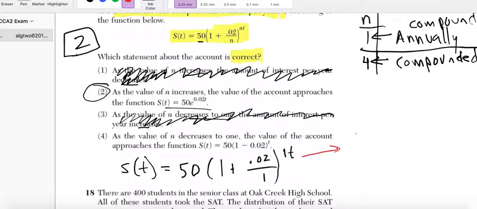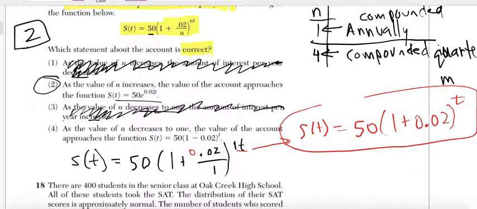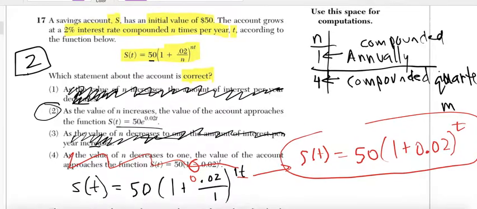So this becomes S of t equals 50 times 1 plus, again, 0.02 over 1 is just 0.02, and then 1 times t is just t. So it should approach 1 plus 0.02 over t, not 1 minus. So this is out, okay? And our answer is choice 2.